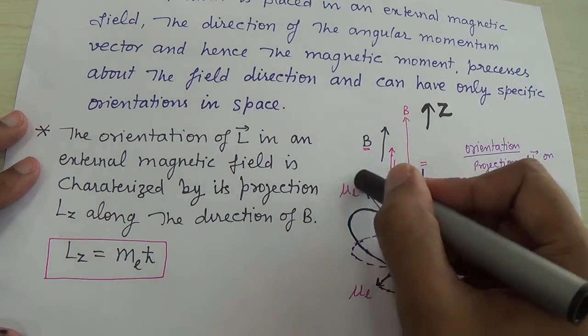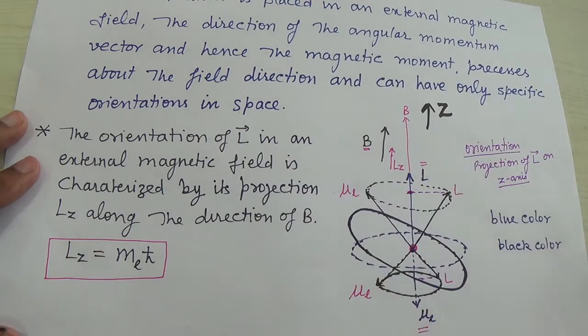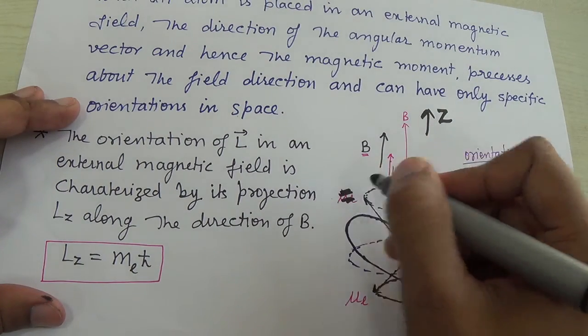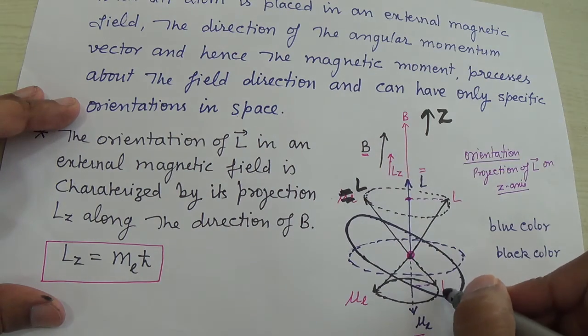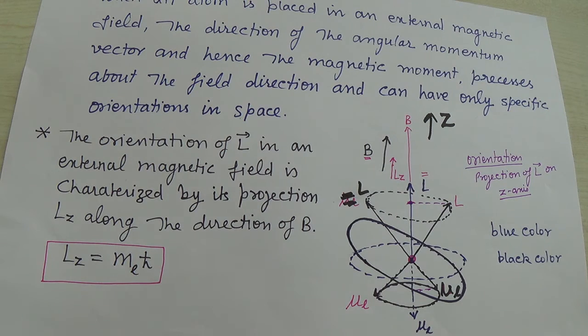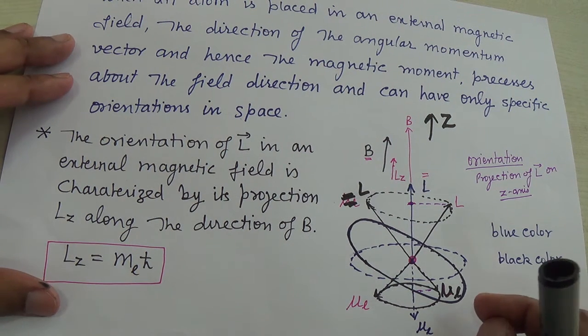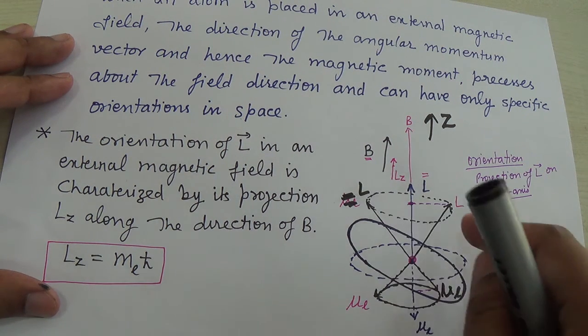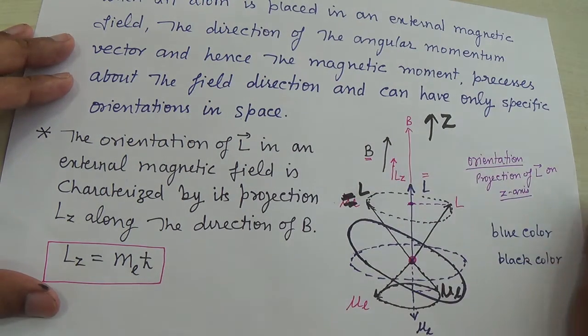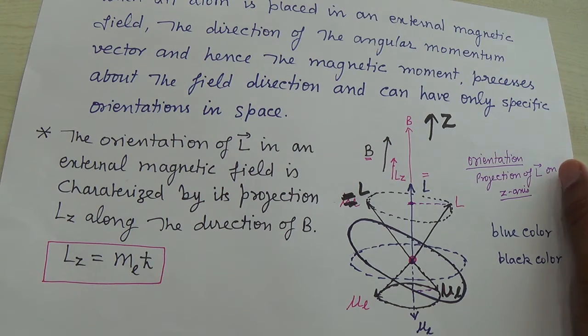So this is L, every time this is L, right? This one is mu L. Mu L is opposite to L, so it starts to precess around the z axis.